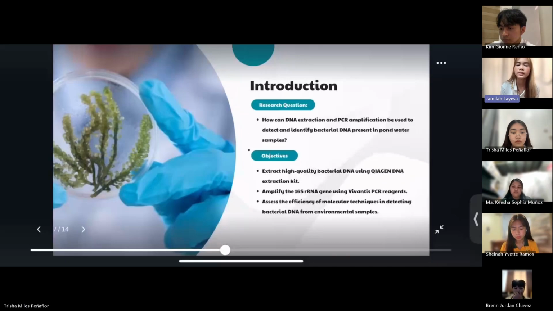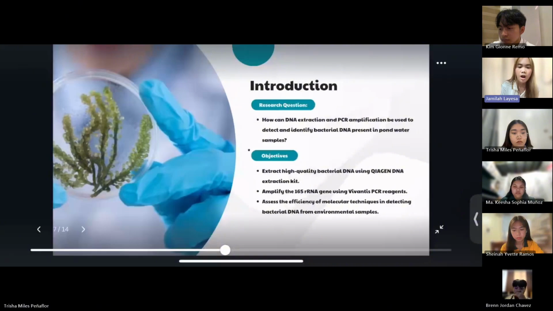Our second objective is to amplify the 16S rRNA gene using PCR with Vivantis reagents. The 16S rRNA gene is a well-known molecular marker that allows identification of bacterial species because it contains conserved regions shared by all bacteria and variable regions that distinguish one species from another.